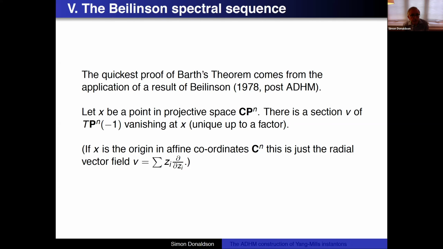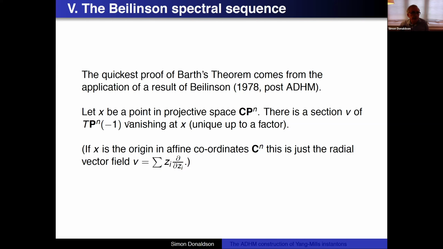In fact, the construction applies initially for bundles over any projective space, though we're going to apply it to the specific case of a bundle over CP3. So to begin with, let's fix a point x in a projective space, CPn. Then there's a preferred section, let's call it V, of the tangent bundle twisted by -1, which has a simple zero at x and no other zeros.